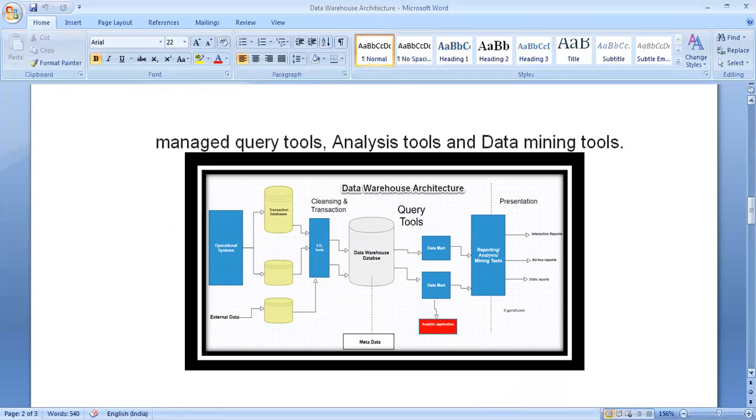Above all these is the third tier, which holds the APIs and other tools, reporting, analysis, and mining tools, which provide the abstraction of the database to the users and the supporting tools.